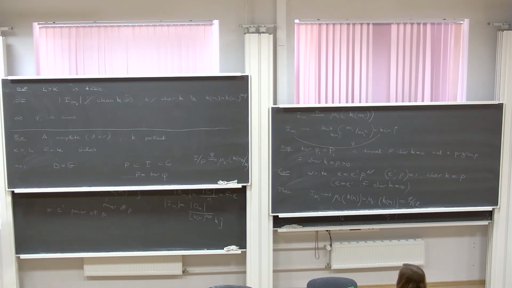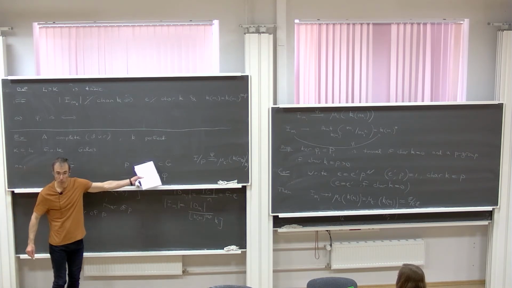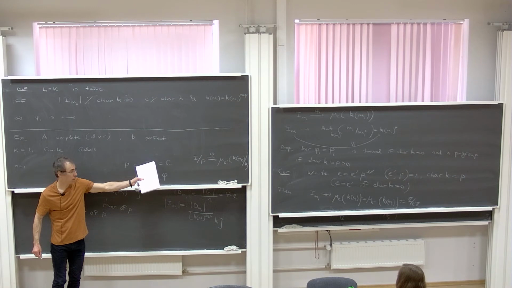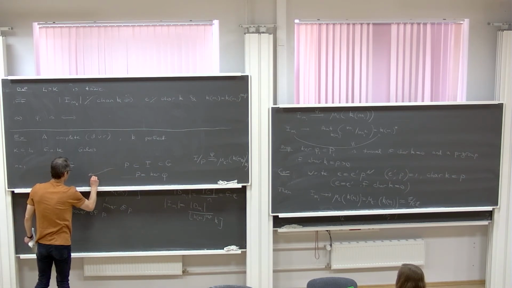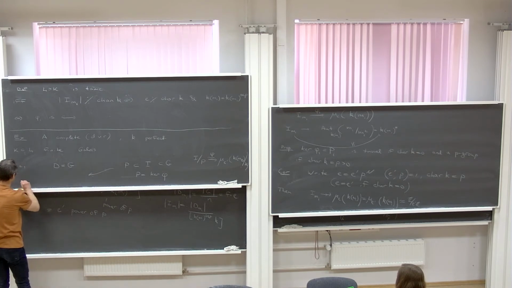So we have a chain of normal subgroups in G, and it corresponds to intermediate extensions.